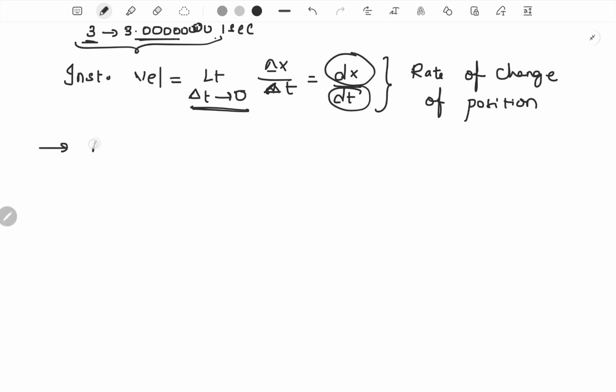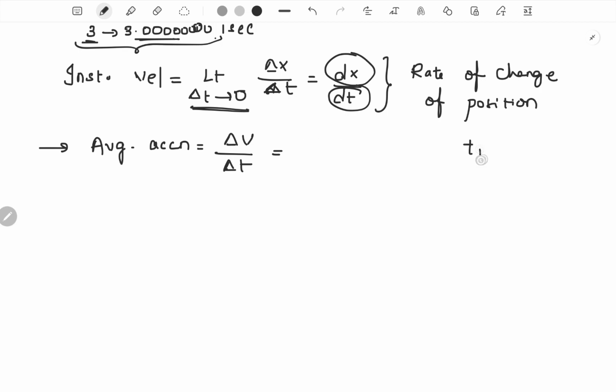So average acceleration during a particular interval of time is equal to the change in velocity during that interval divided by the time taken for that particular change.